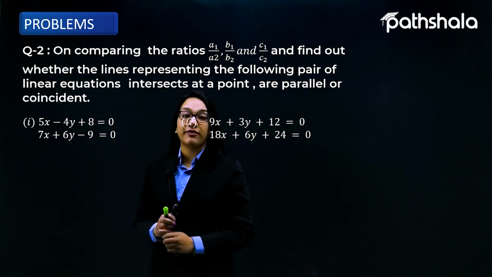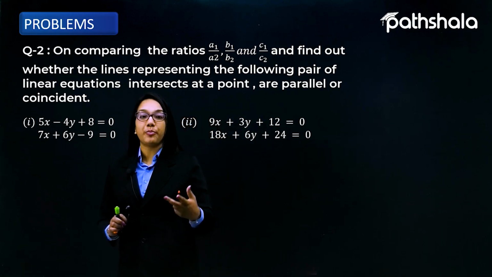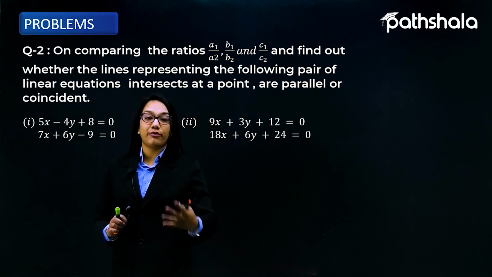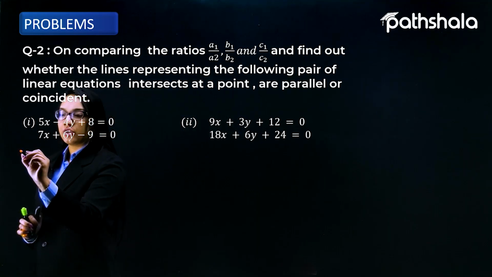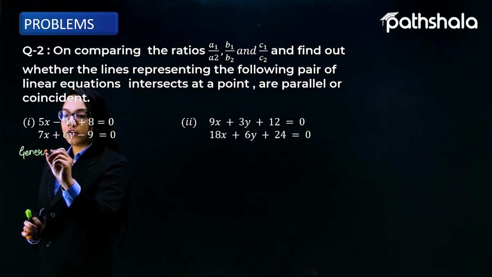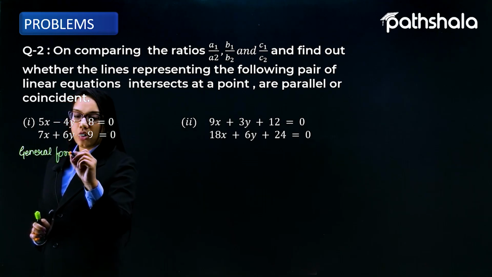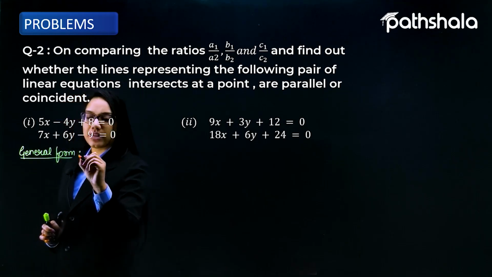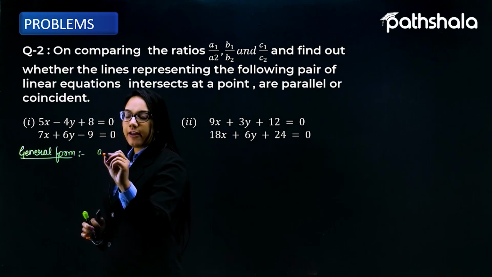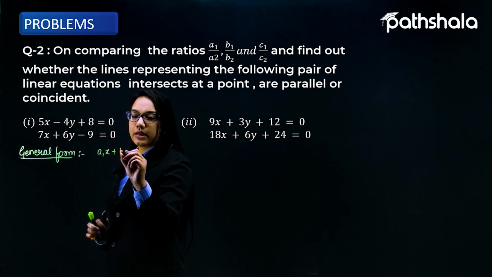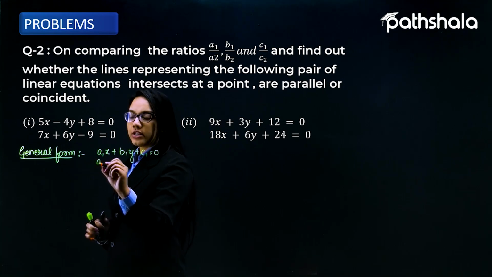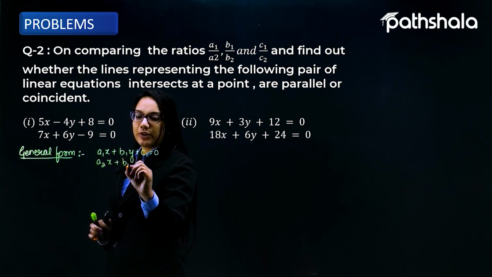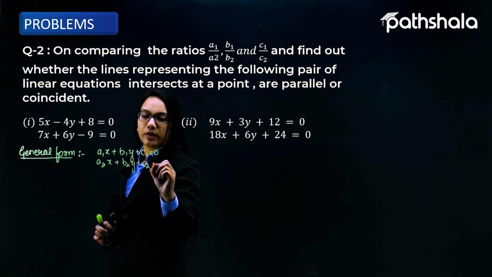Let us consider the general form of the pair of linear equations, which is of the type a1x plus b1y plus c1 is equal to 0, and the second one is a2x plus b2y plus c2 is equal to 0.